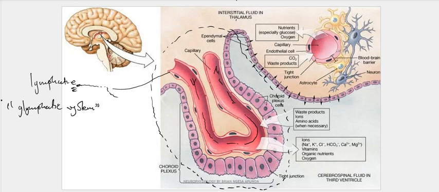Why is it so? We say that the lymphatic system normally offers an alternative drainage of the fluid.